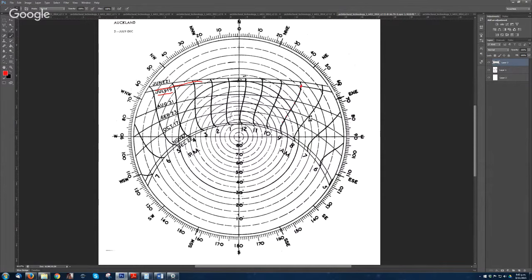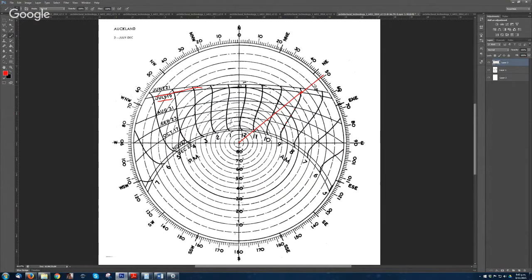That's the point. Then you take your ruler. It's somewhere over that side, about 49. Just make sure it's in line. So it's 49 degrees east of north.